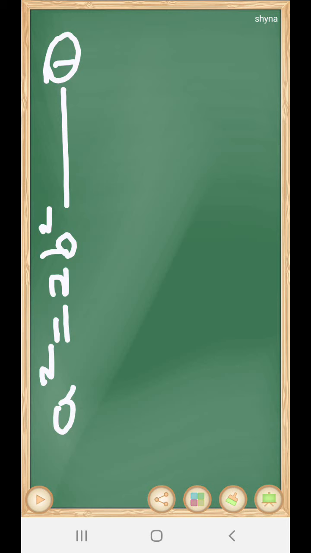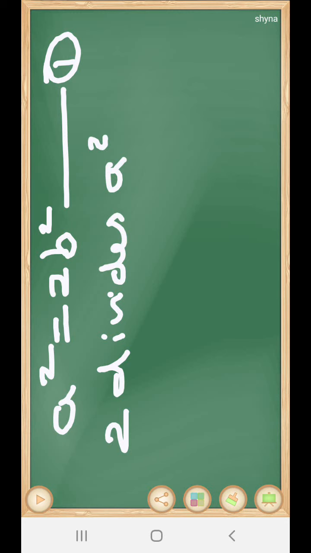Then a square equals 2 into b square, that is, 2 is a factor of a square, or we can say 2 divides a square.